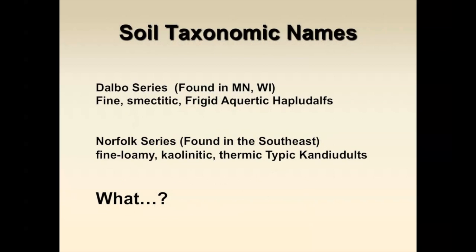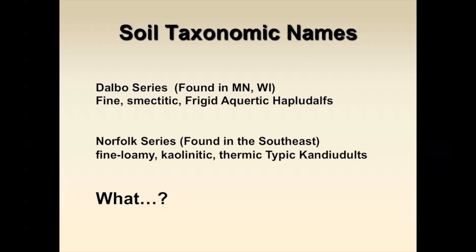So soil taxonomic names, when you first see them, it's what is this? What is this about? Let's take a series called the Dalbo series we find up in the north. It's a fine smectitic, frigid, aquic hapludoll.